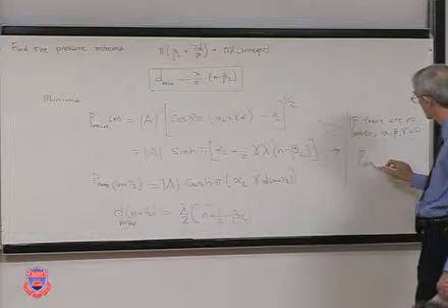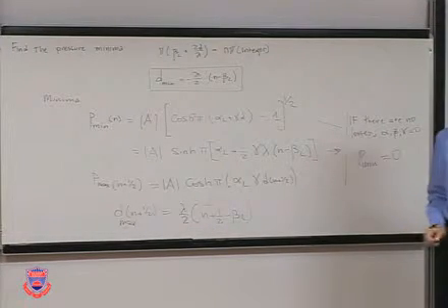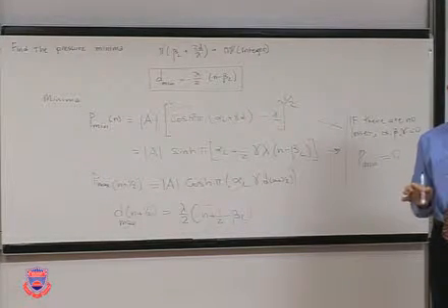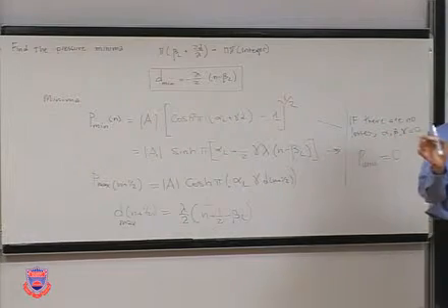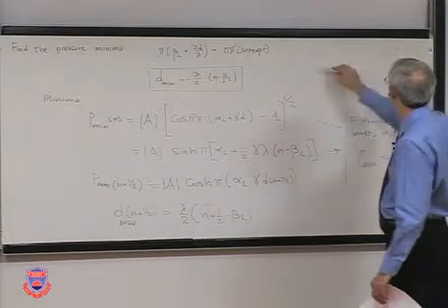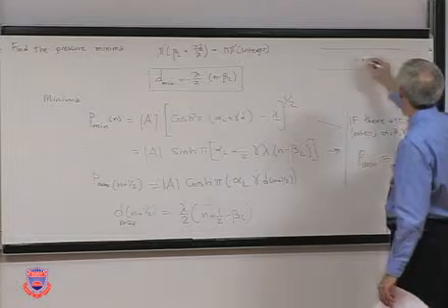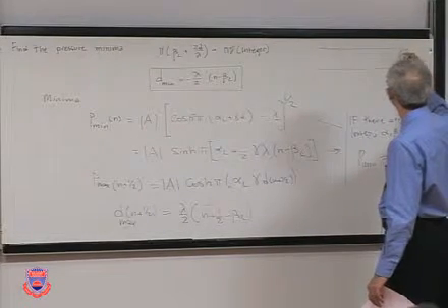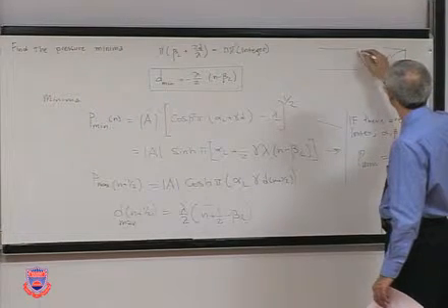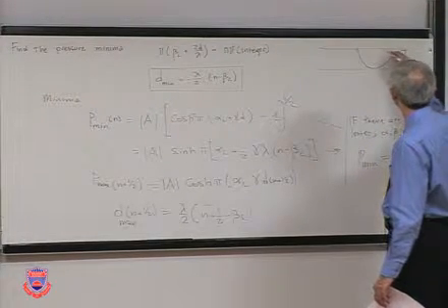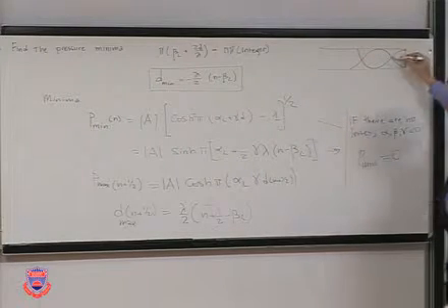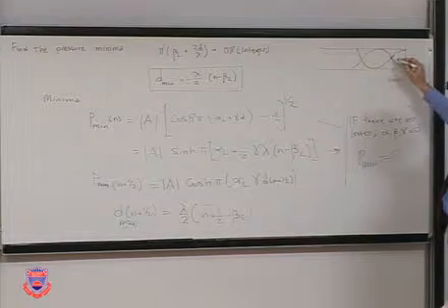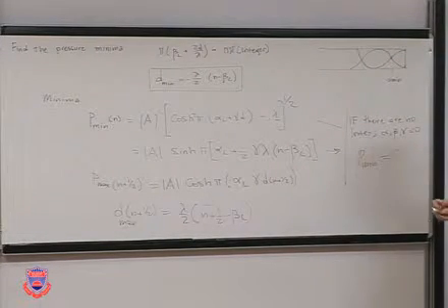Then P minimum is zero. Just like the perfect wave, when there are no losses, the minimum in a tube, let's say, okay, sound pressure is zero.